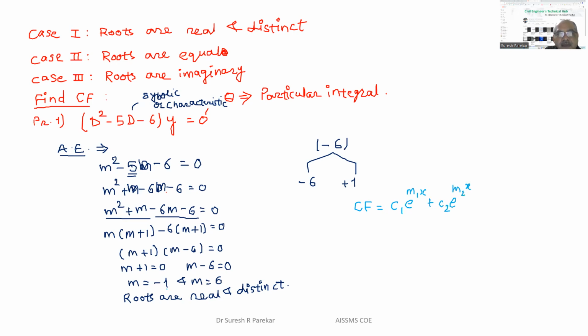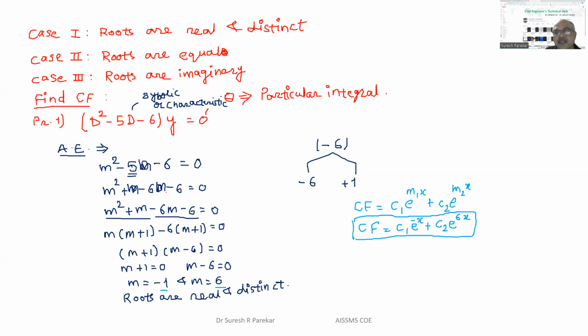Now m1 is minus 1 and m2 is 6, and therefore the complementary function is C1 e raised to minus x plus C2 e raised to 6x. Likewise, we can find the complementary function for the given problem.